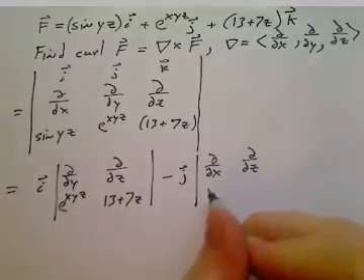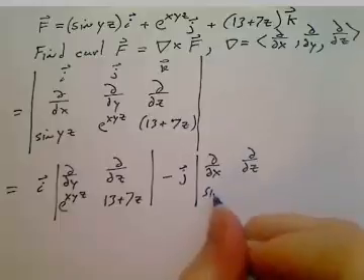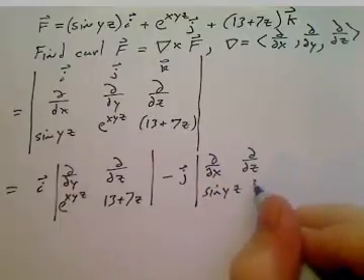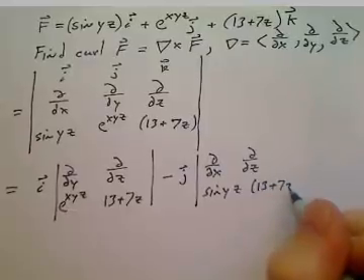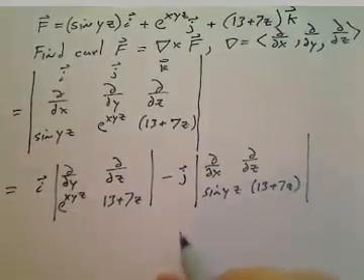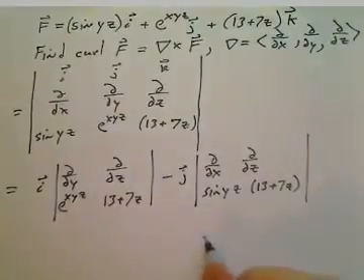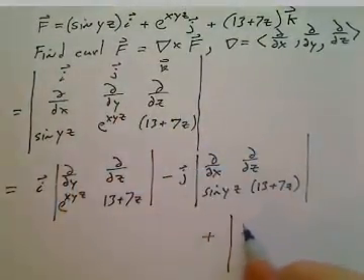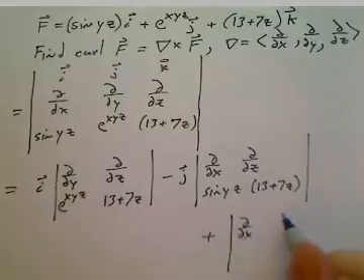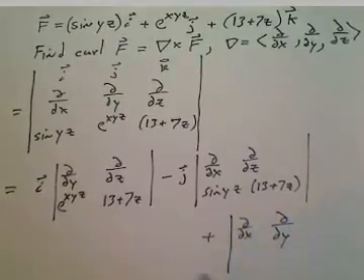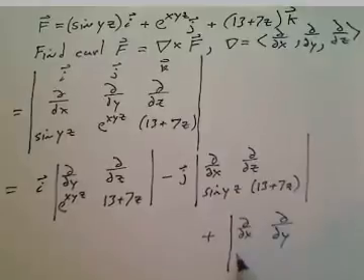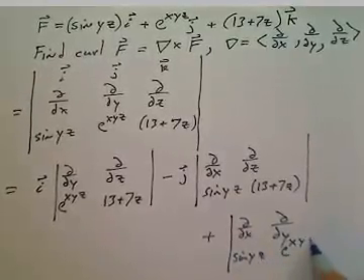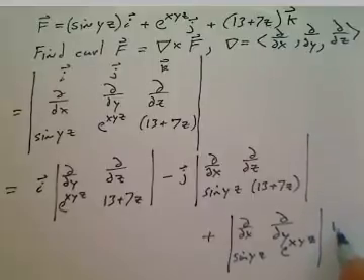We have sine of yz, and then here we have a 13 plus 7z, that one, and then plus, I do this for k, I have partial with respect to x, partial with respect to y, sine of yz, e to the xyz, and this is with k.